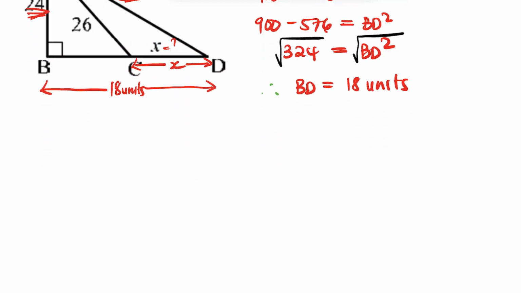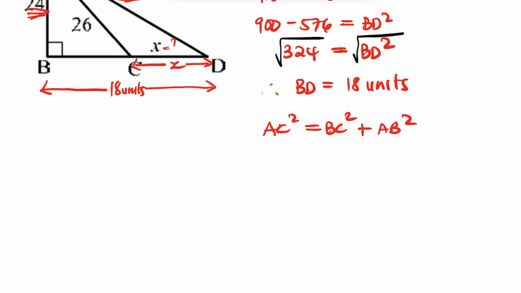Okay, let's do it. So we use the small triangle now, this one. So what is the longest side in this triangle? Now it's AC. This is AC square.